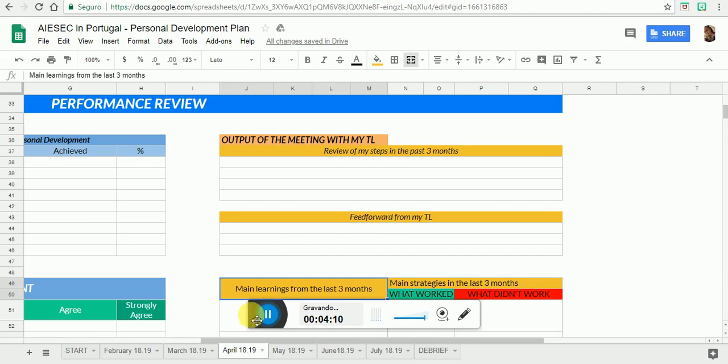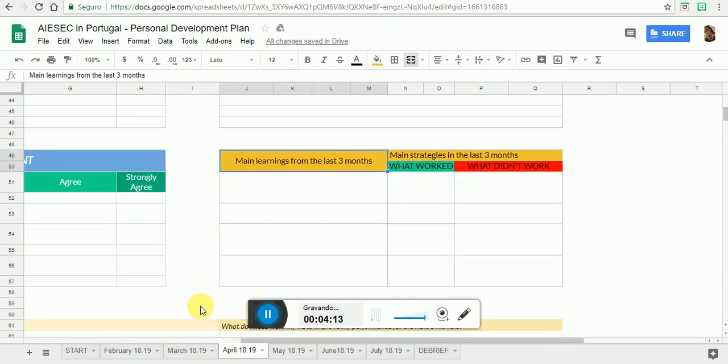And here is a space for you to review what the member learned in the past 3 months. So what strategies did we think of together, what worked, what didn't work, and why it didn't work.